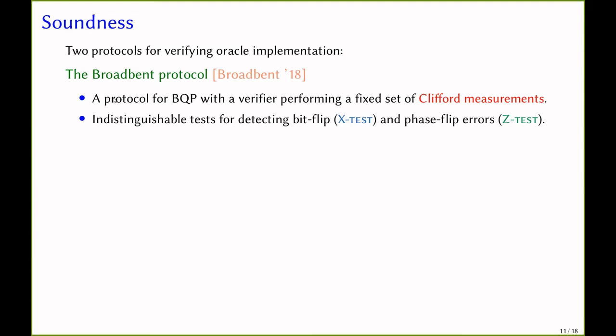The original protocol by Broadbent is a protocol for verifying BQP, where the verifier performs a fixed set of K-frame measurements. Suppose the verifier can perform K-frame measurements reliably. She showed that we can come up with an indistinguishable test for detecting bit flip and phase flip errors.